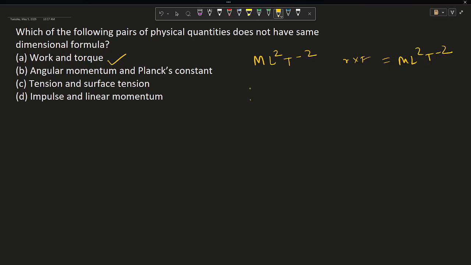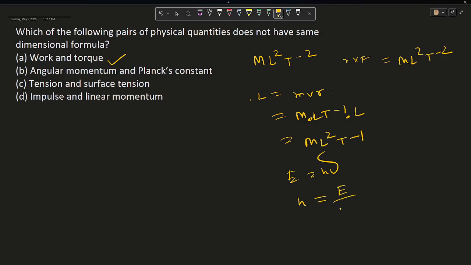Now check angular momentum. Angular momentum means mvr: M, L T⁻¹, and r is also L. So here it is ML²T⁻¹. And for the Planck constant, E equals h nu, where nu is the frequency, so h will be energy by frequency.